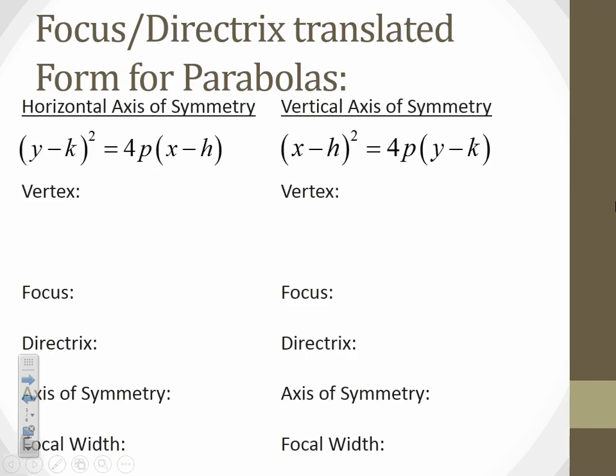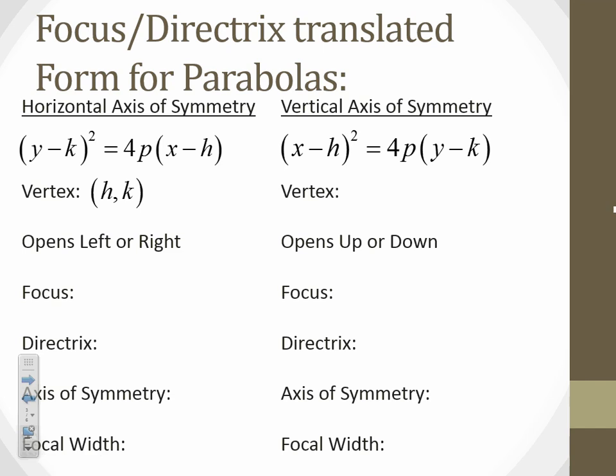First, for focus Directrix, we're either going to have a horizontal axis of symmetry or a vertical axis of symmetry. If we have y minus k squared equals 4p times the quantity x minus h, the vertex is going to be h, k. It is going to open to the left or the right, so it's either going to look like this or like this.